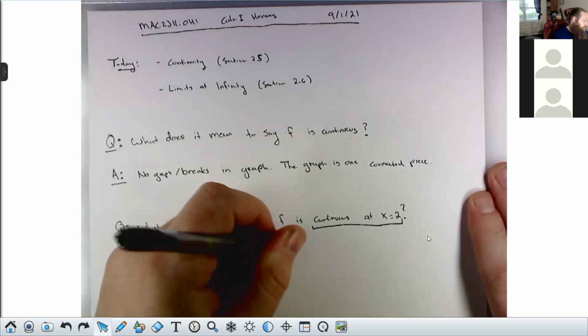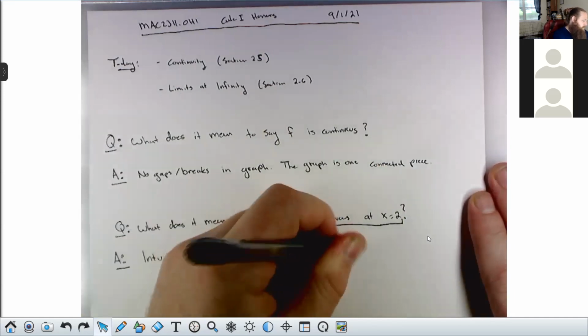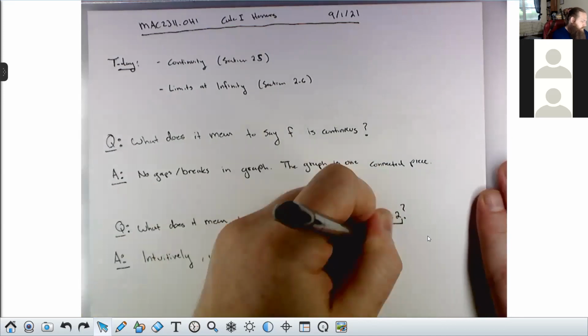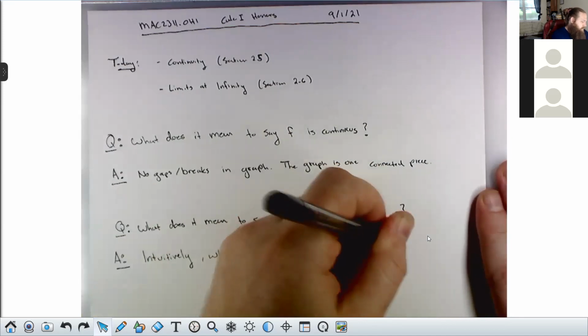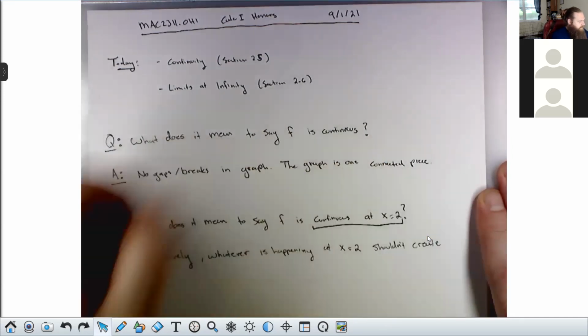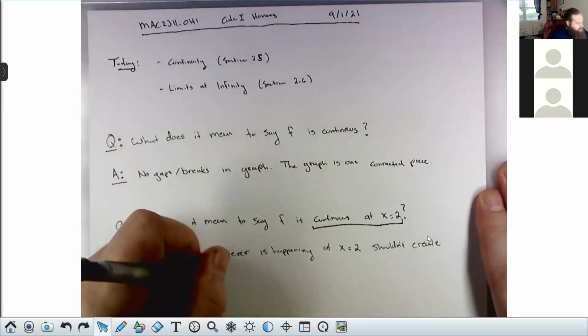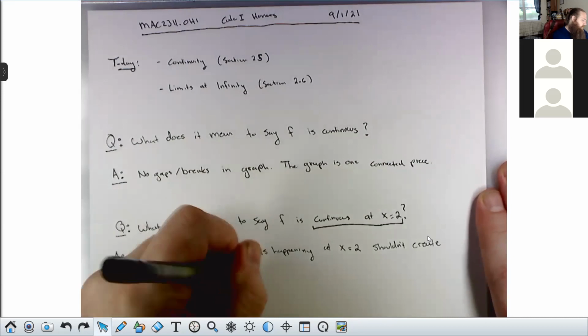Whatever is happening at x equals 2 shouldn't create any gaps or breaks in the graph.